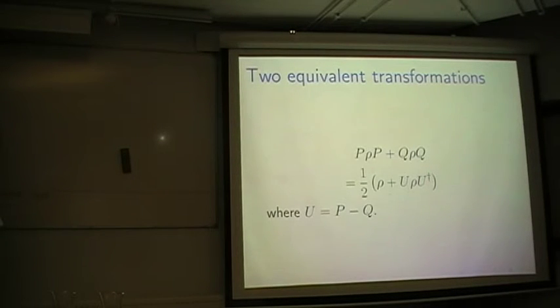And the upshot is that the transformation effected by doing a two-outcome projective measurement is actually equal, according to quantum theory, to the transformation of, with probability half, doing nothing to the system, and with probability half, doing some unitary to the system, which is given by this.